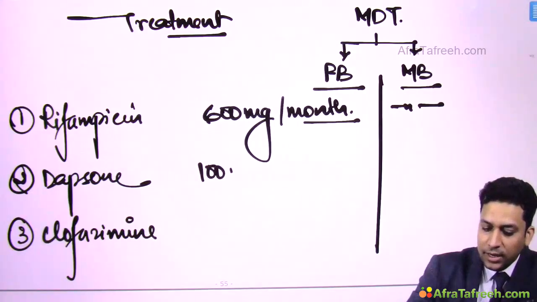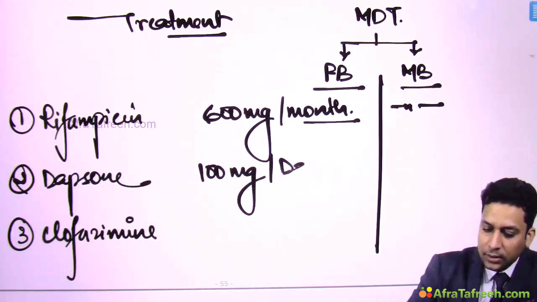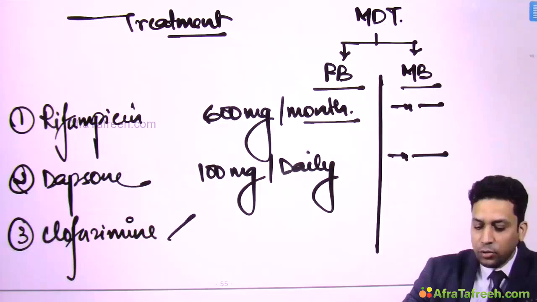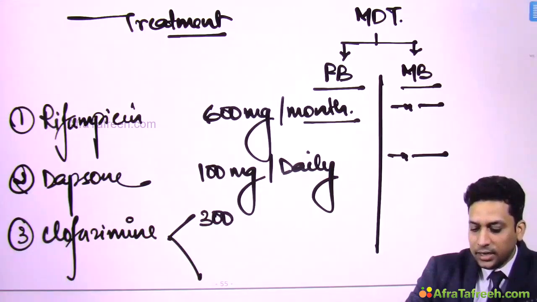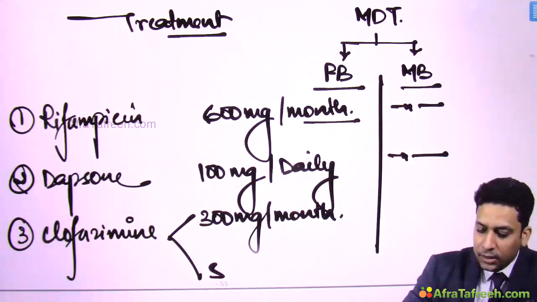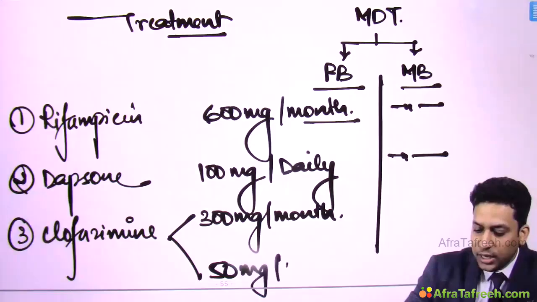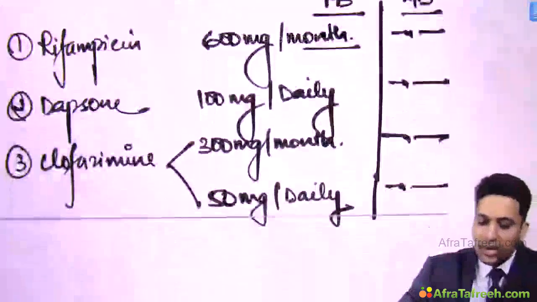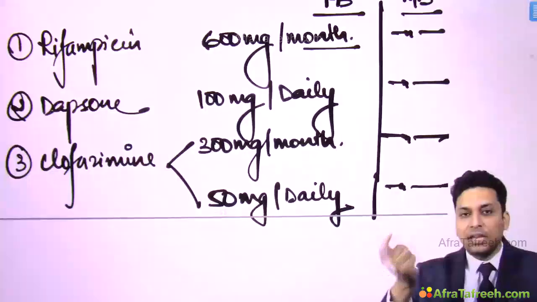Dapsone is given 100 mg daily, same in MB. And clofazimine has 2 doses, one is the monthly dose, that is 300 mg given once a month supervised, and on the remaining days the patient can take 50 mg daily, same in MB. So all the 3 drugs and their doses are same in PB as well as MB.